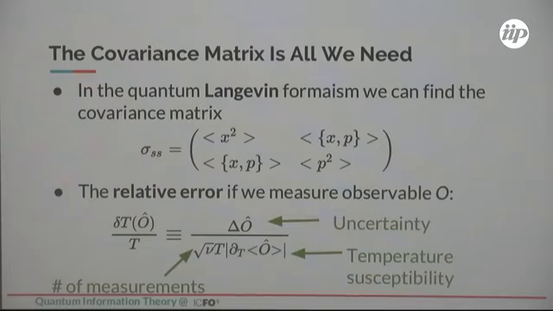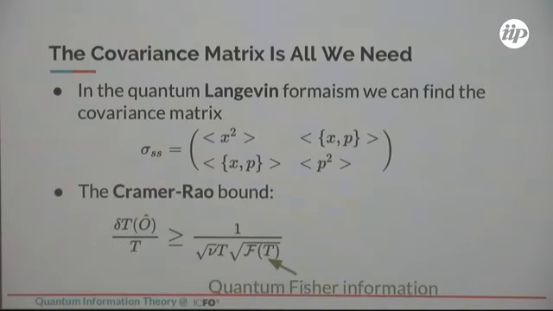A very interesting question would be whether we can make this error as small as possible. We know that this is not possible because of the Cramér-Rao bound, which says that this relative error is bounded by the inverse of the quantum Fisher information. Then another interesting question is, is there an observable which saturates this bound?